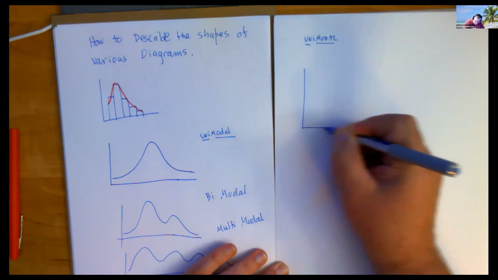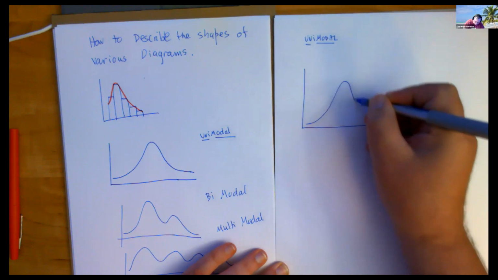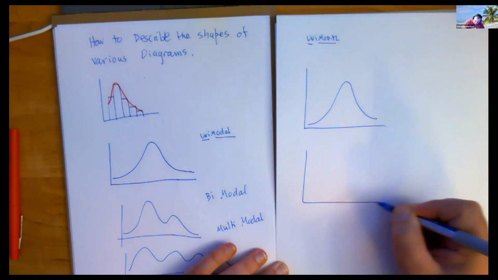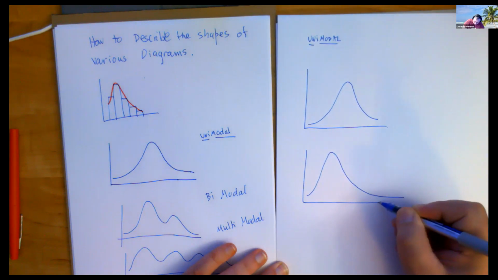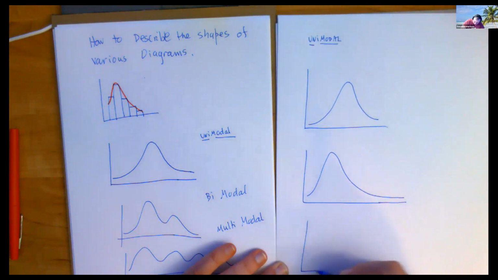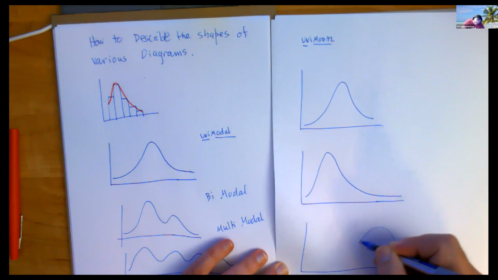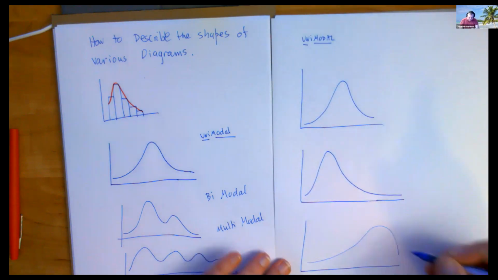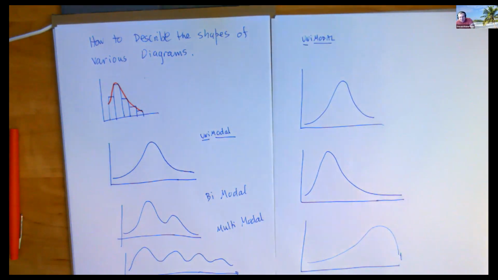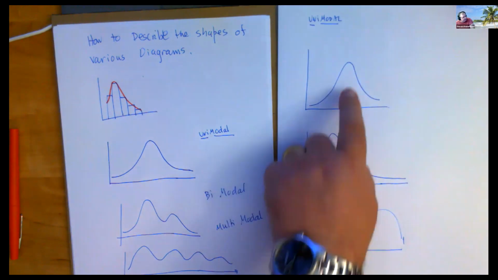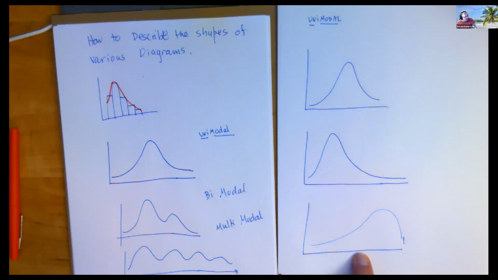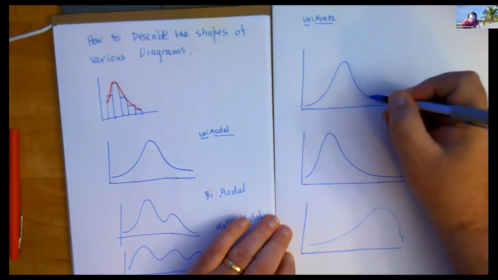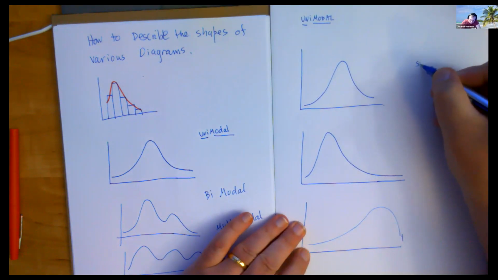Within the unimodal world, there are 3 flavors, 3 major shapes that occur often enough that they're given names. Can you imagine a histogram that looks something like this, or a histogram that had this kind of shape? This shape here, we say that it's symmetric.